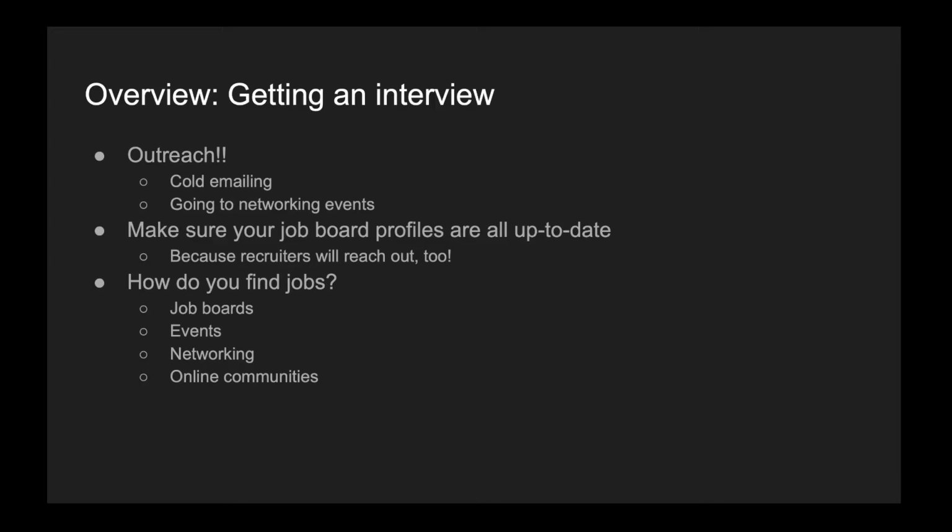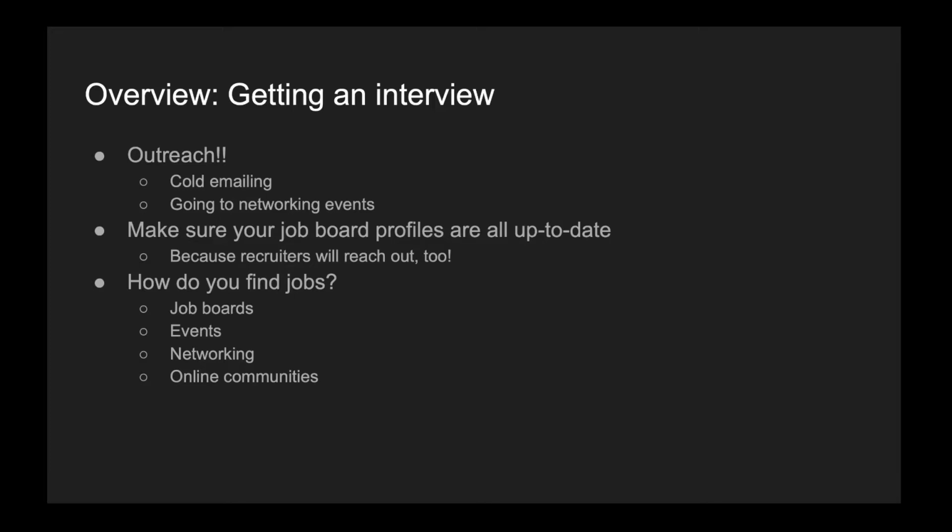You can also do some things to actually find the jobs themselves. Outreach is mostly talking with a recruiter or going to events. But how do you actually find these jobs, or how do you find these recruiters? One thing you can do, and what's probably the most common, is using a job board like LinkedIn.